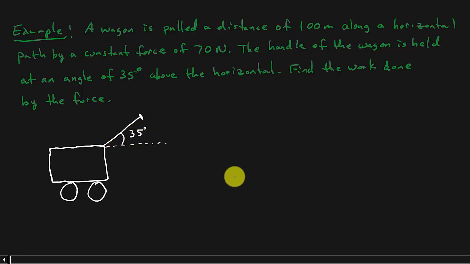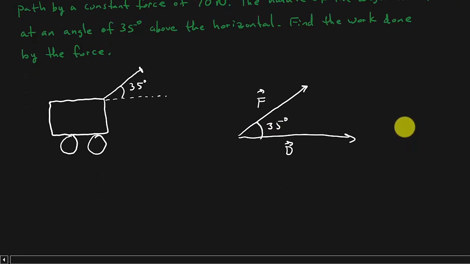If I take this angle and bring it over here, there's my force, there's the vector D, and this is theta, our 35 degrees.